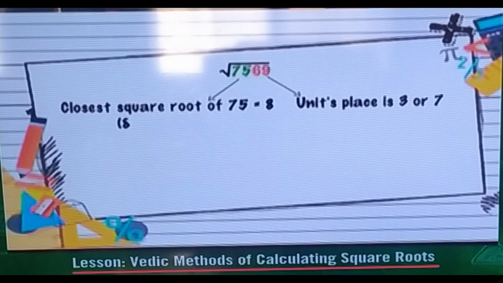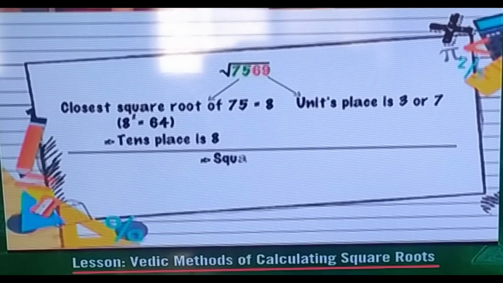Because 8 square is 64, that is closest to 75 and less than it. Whereas 9 square is 81, which is more than 75. Therefore, 10's place is 8. Thus, square root is either 83 or 87.